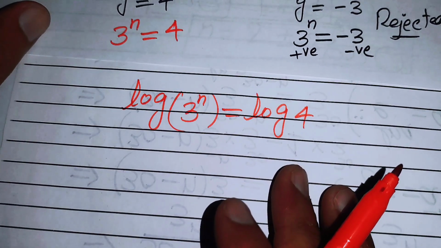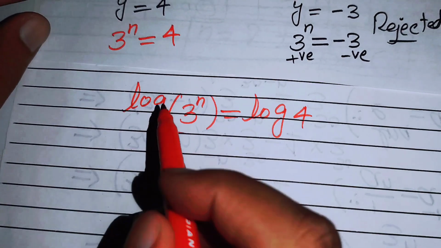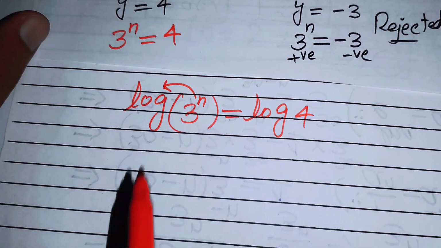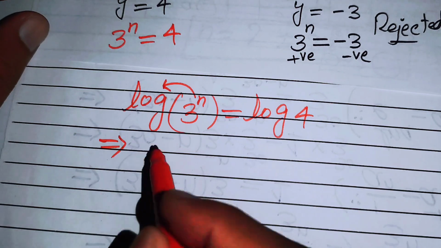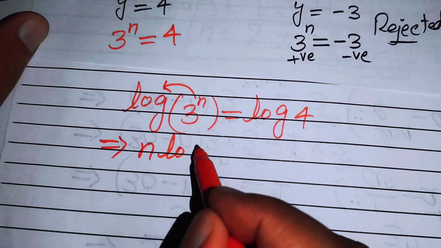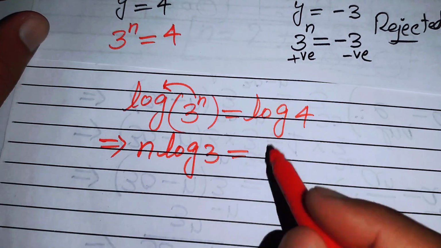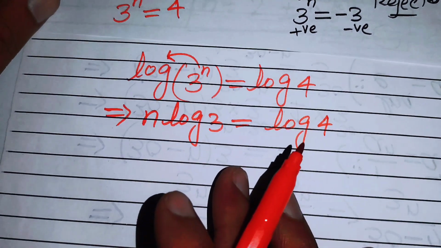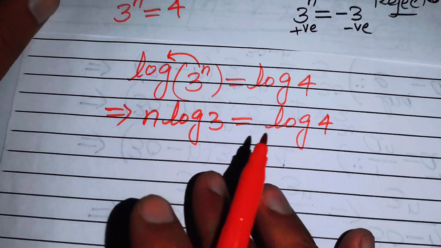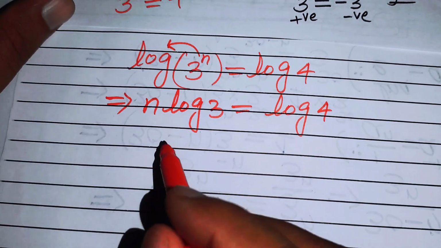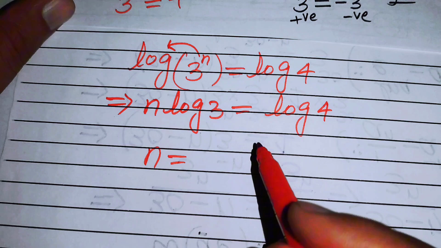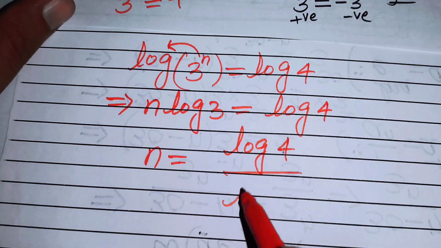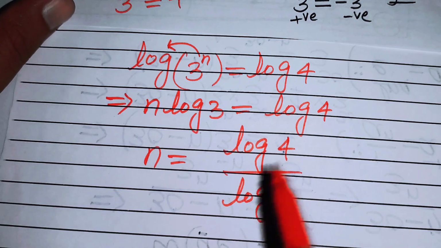And here we can use the property of log. According to this property of log, we will move this exponent in front of the log, and you will get n times log 3 is equal to log of 4. So here we move this log 3 to the right hand side in order to find the value of n. So here you get n is equal to log of 4 over log of 3.